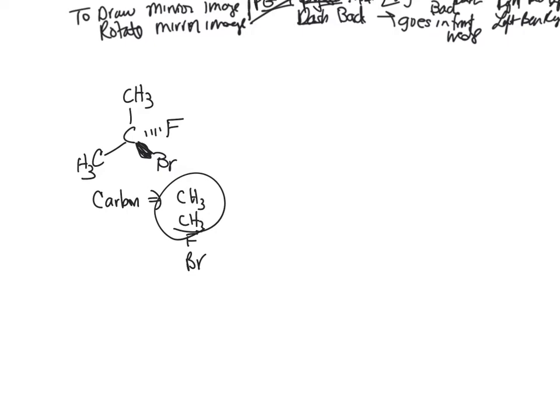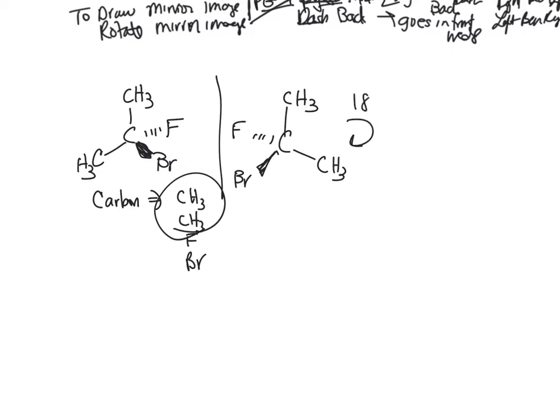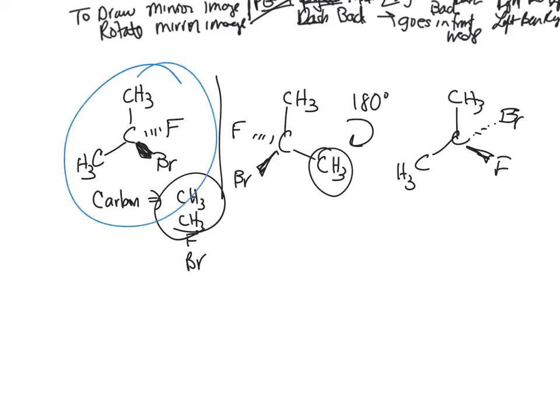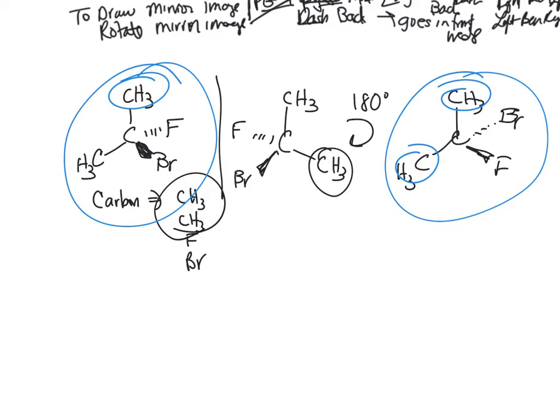So what happens is if you did the mirror image here, and then you rotate 180 degrees, so what's on the right becomes the left, what's on the wedge becomes the dash, and you compare these two molecules, you see the CH3s are on the same side.